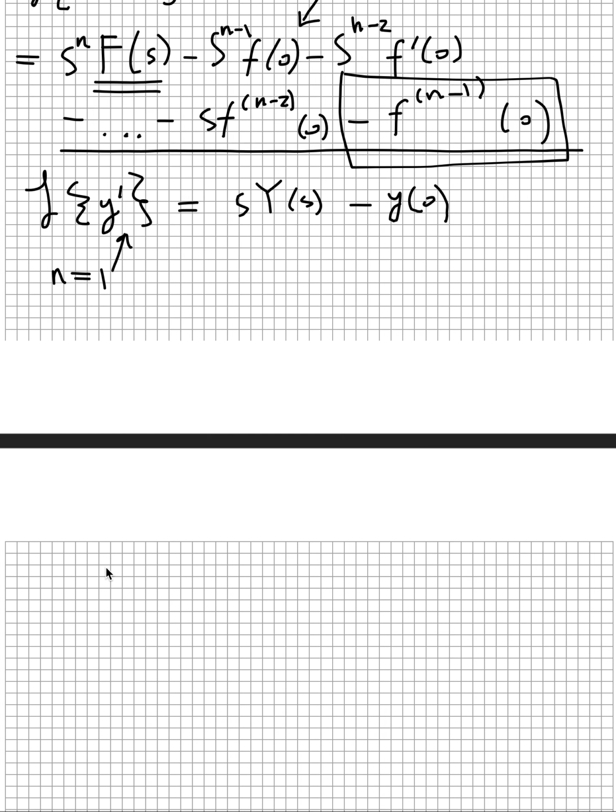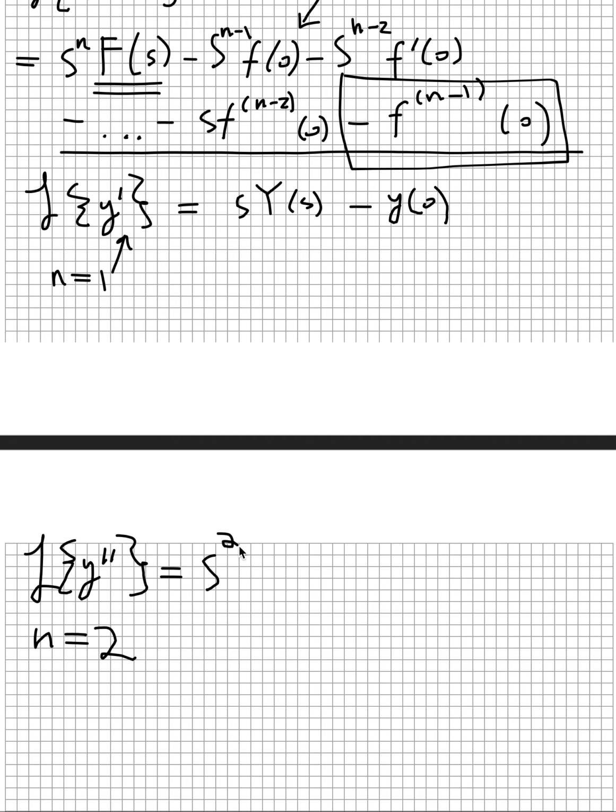So now we can do the Laplace transformation of the second order, y double prime. So here the order is equal to 2, just so you guys can see that. And so what this is going to equal is s. Notice that n is no longer 1, now it's 2, so it's s squared, okay? And it's capital Y of s, which refers to the Laplace transformation.